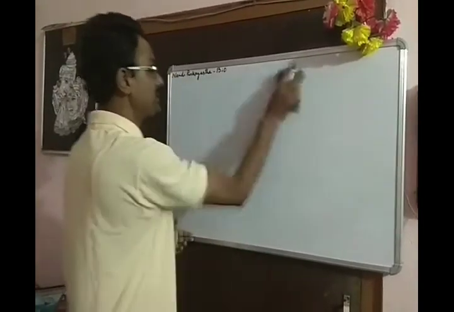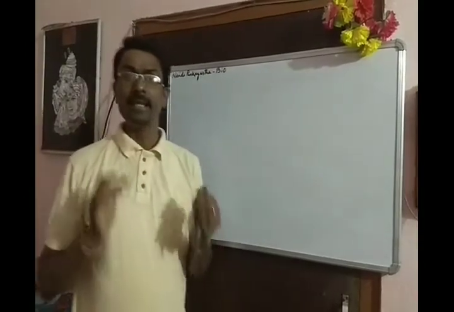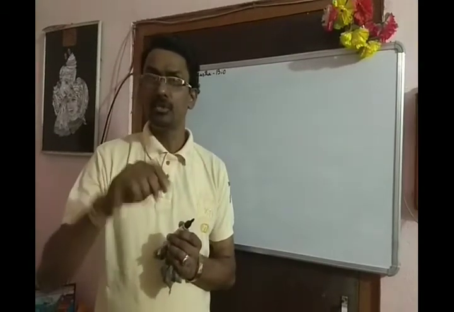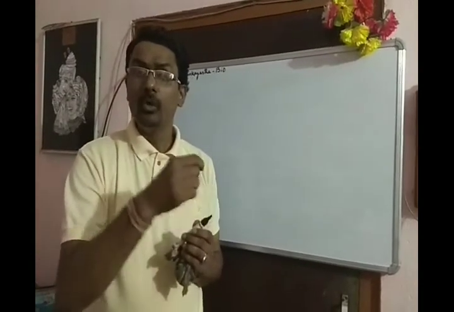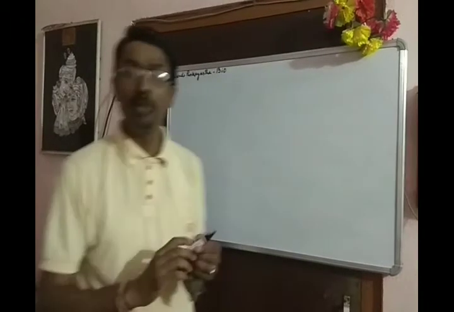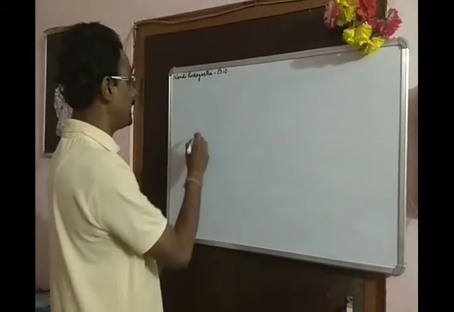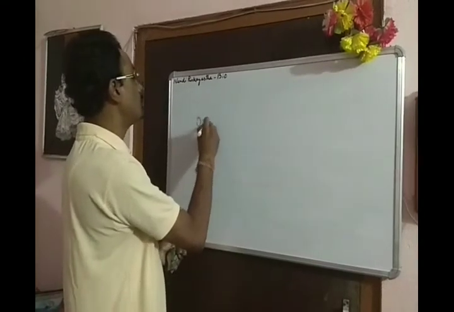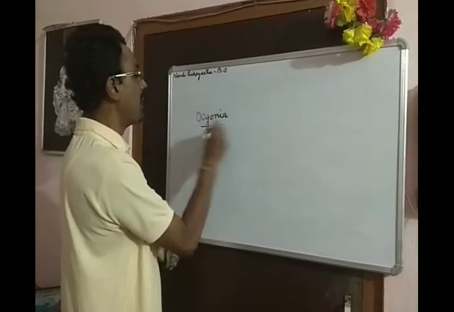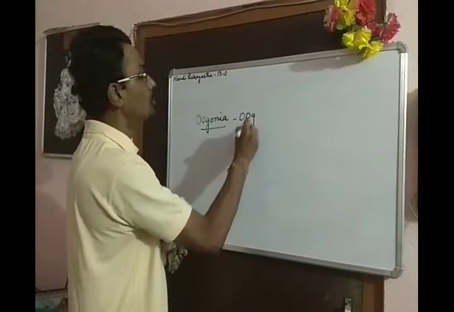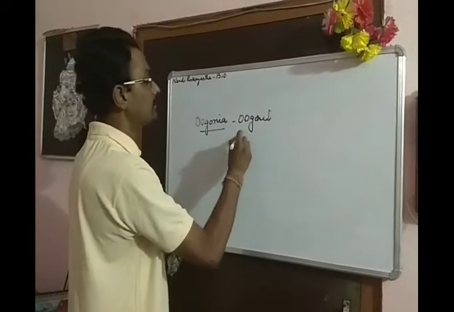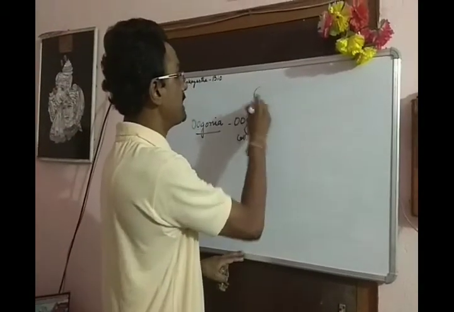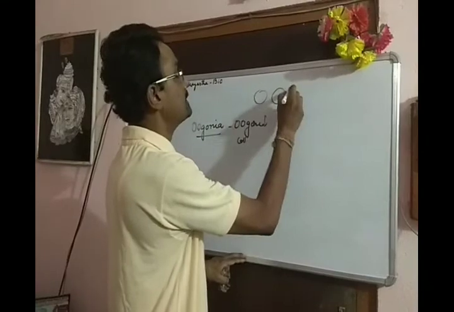In oogenesis, it starts when the germinal epithelial layer, which forms the ovary, gives rise to the oogonial cells, O-O-G-O-N-I-A, oogonia or oogonial cells. I am drawing it here.